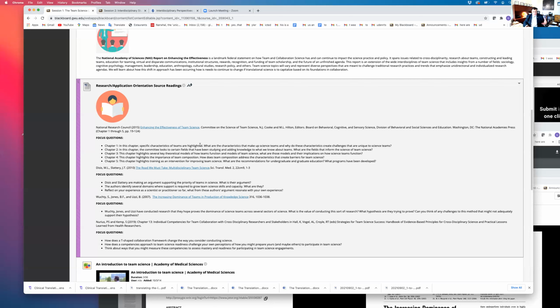I think these pages are really helpful to understand what makes science teams unique, because some of these items, though you may see them in teams like care teams, and even baseball teams for that matter, are very specific to science teams. So how knowledge is integrated, not just how people perform their tasks.